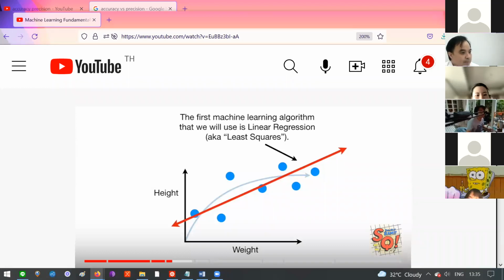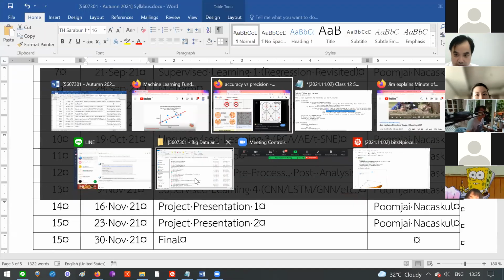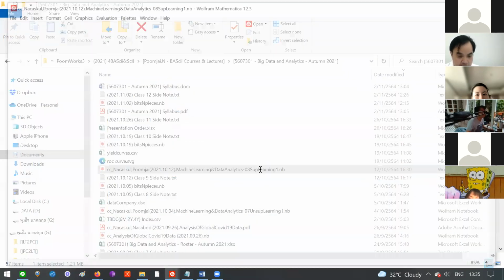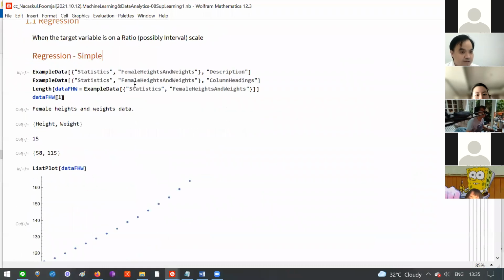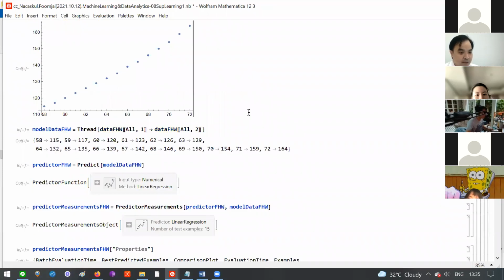Do you guys remember the example machine learning that I showed you about this female height and weight? You guys remember this one, right? You remember that, right?